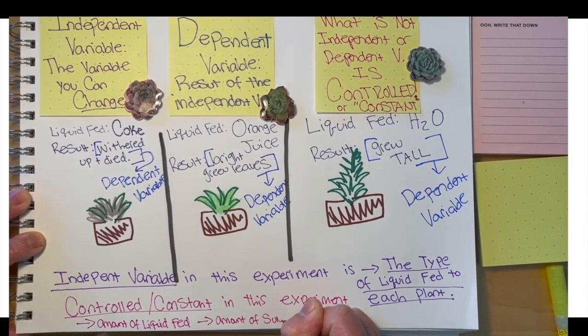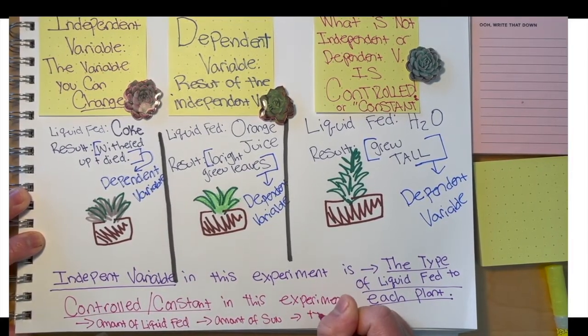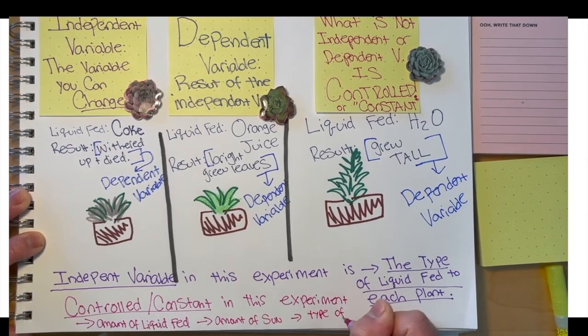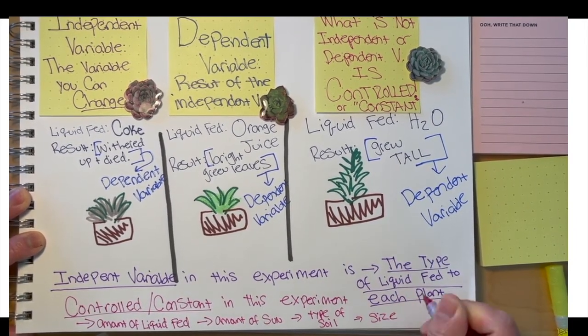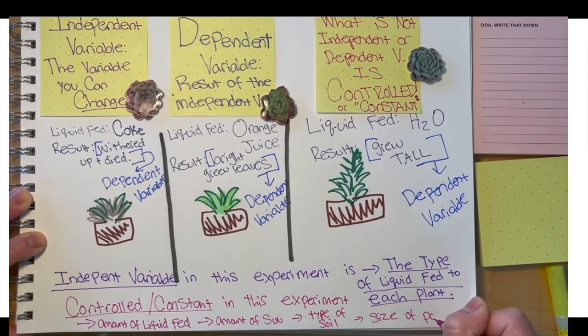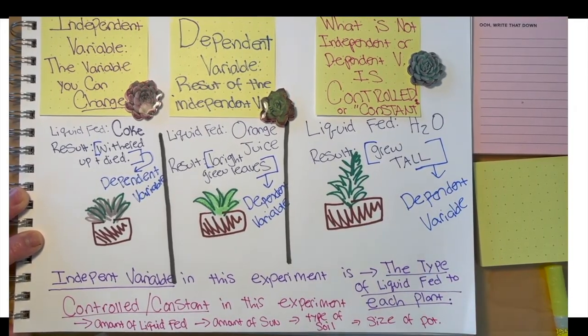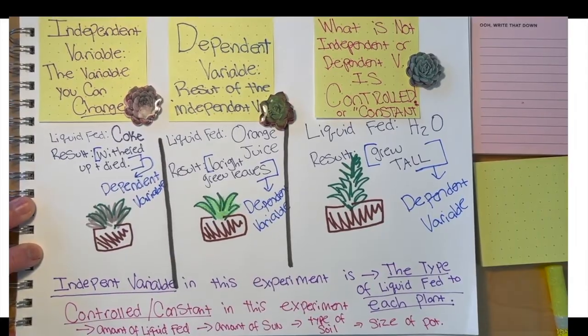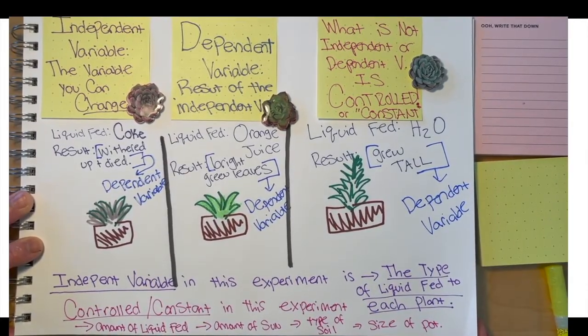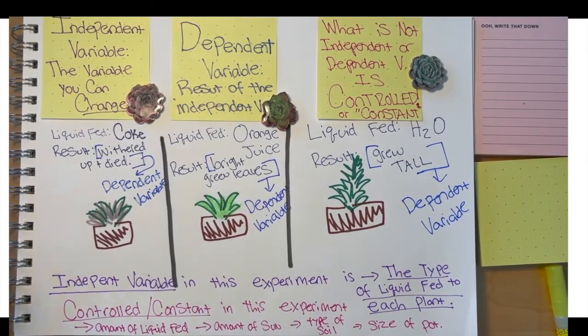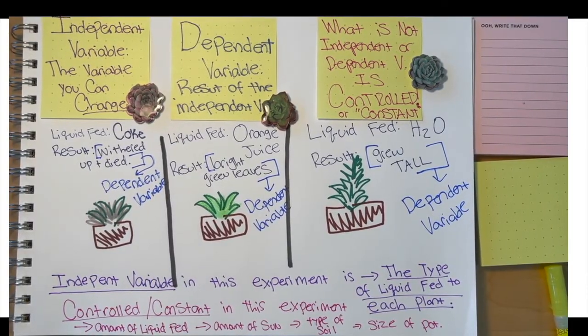The amount of sunlight we give each plant can be a constant. The type of soil we're giving each plant can be a constant. And let's say how big each pot that we put each plant in can be a constant. So everything else, all other variables, must be constant except for the independent variable, which is being manipulated.